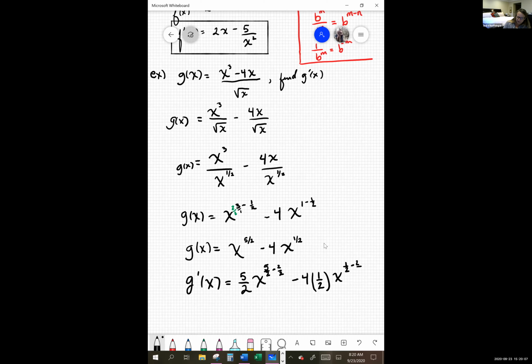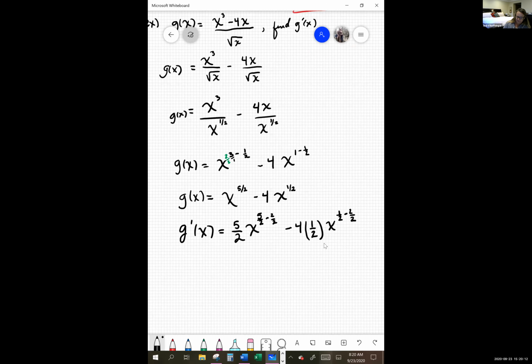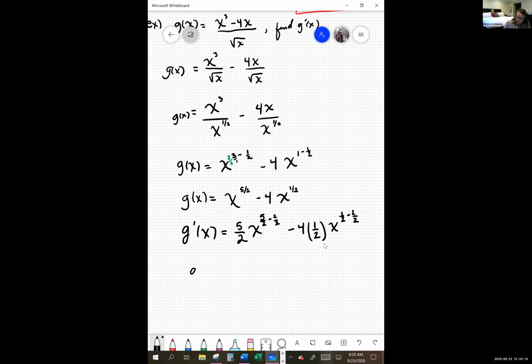So I'm going to write it as 2/2. So g prime of x is equal to 5/2 x to the 3/2 power minus 2 goes into 4 twice. X to the 1/2 minus 2/2 is negative 1/2 power.